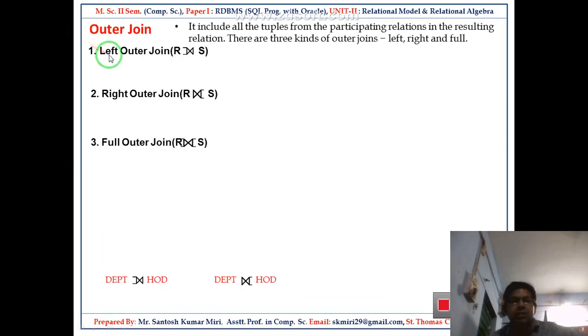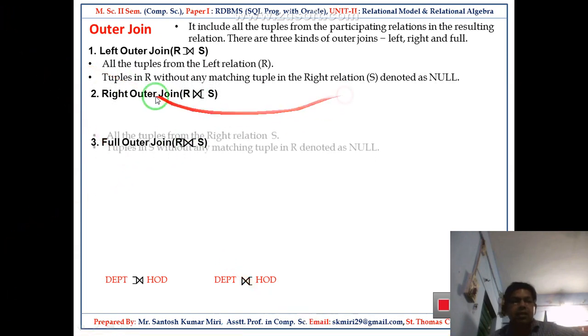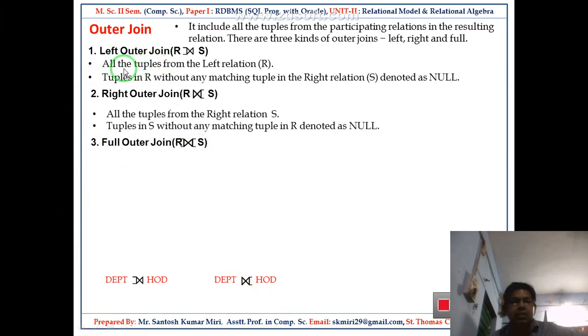Outer join includes all the tuples from the participating relations in the resulting relation. There are three types: left outer join denoted by this symbol, right outer join denoted by this symbol, and full outer join denoted by this symbol. Left outer join includes all the tuples from the left relation, and tuples in R without any matching tuple in the right relation are denoted by null.